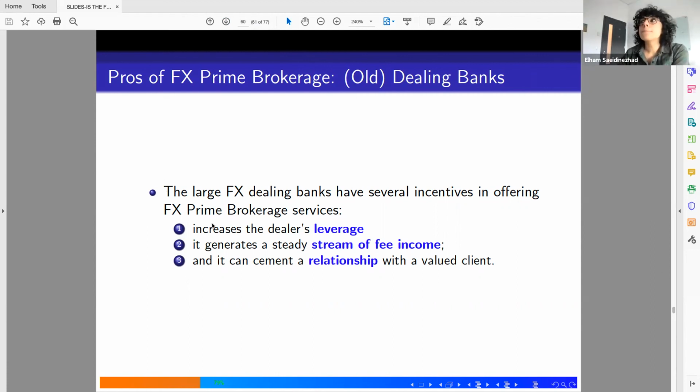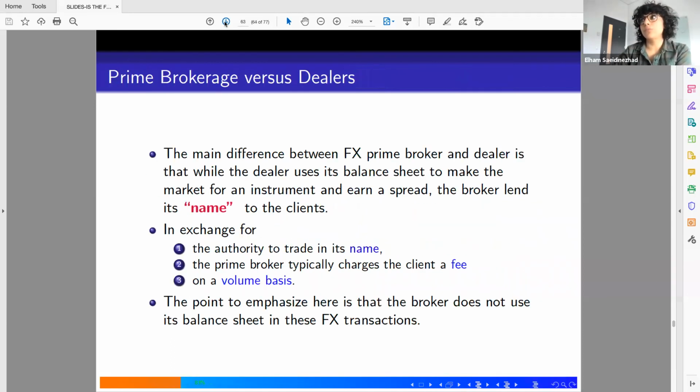The important difference between the prime brokerage firm and the dealing banks is that, in the case of the dealing firms, in order to make sure that all the trades are going to happen, these dealers are going to use their own balance sheet.